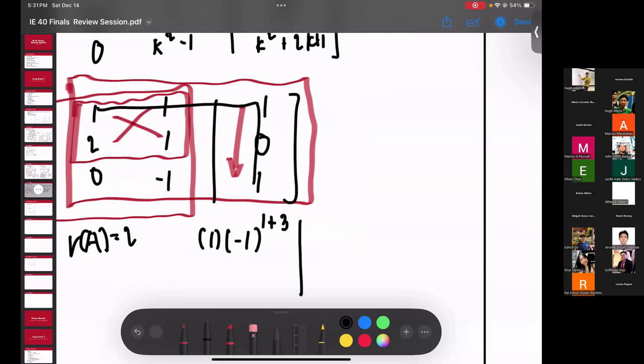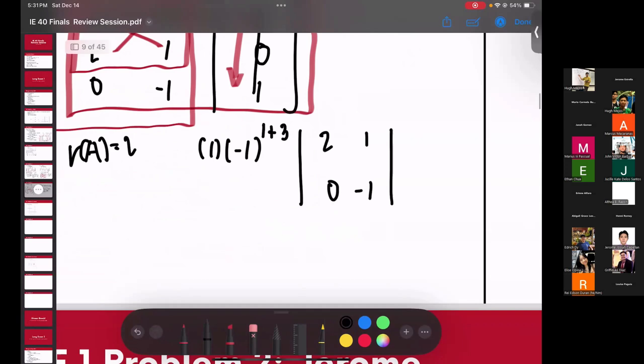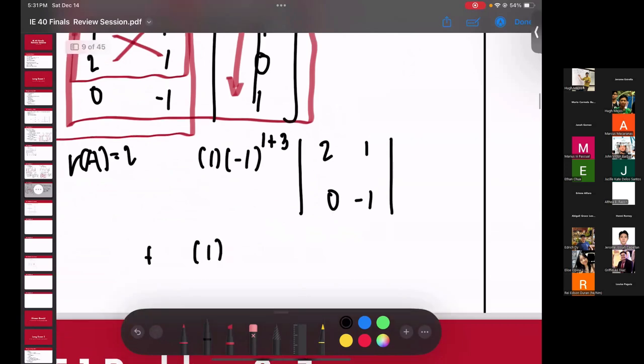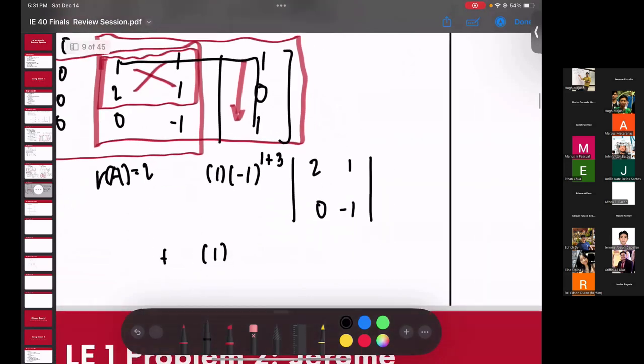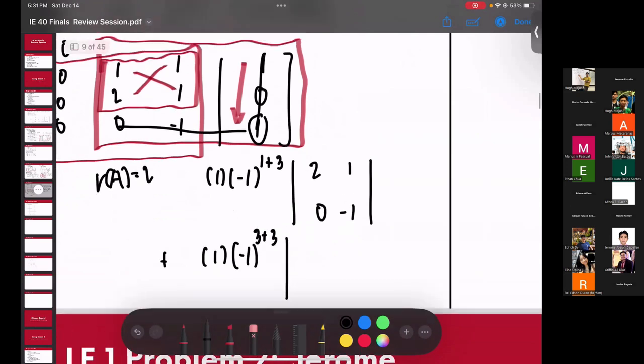So cross out these two, 2, 0, 1, negative 1, plus 1 times. So we cross this out. So now we repeat the process. 1, so we cross out here, times negative 1 to the third row plus third column, times the determinant of what remained.